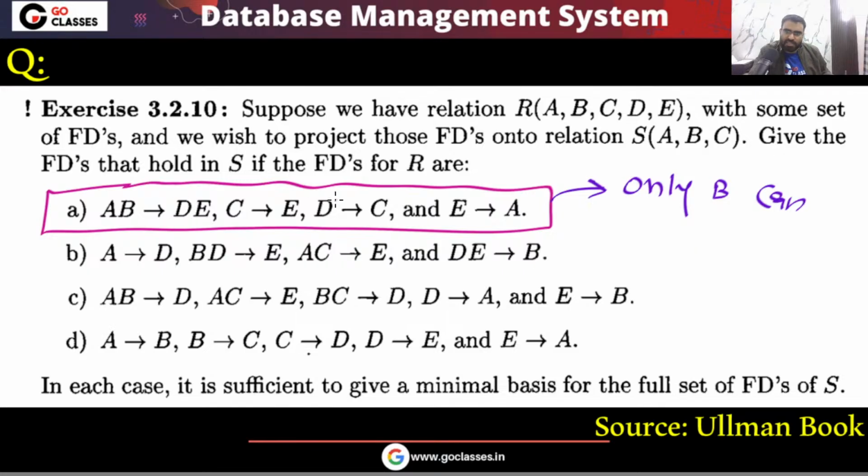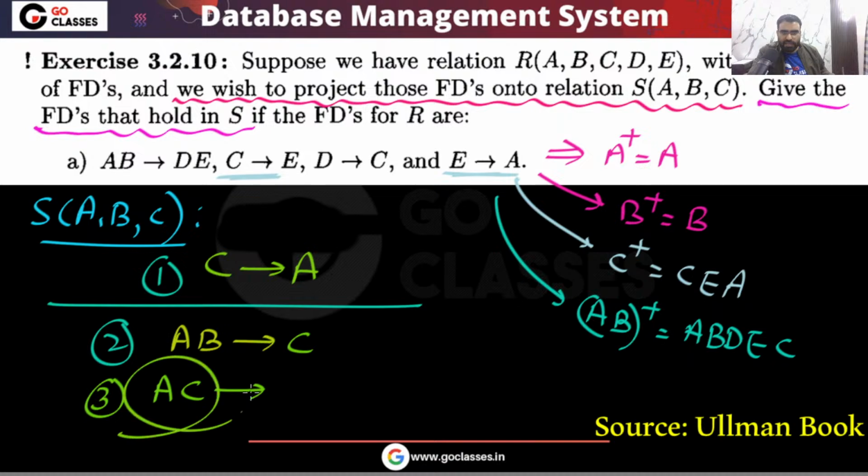So no attribute, no combination of attributes can determine B. So definitely AC cannot determine B, and you can forget about it.